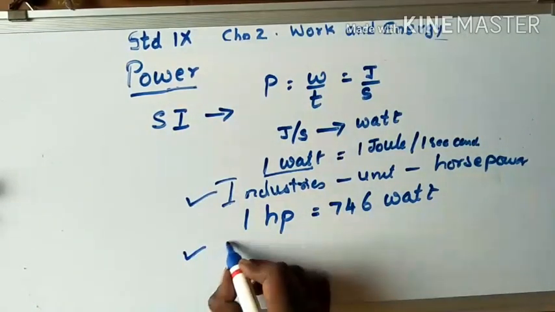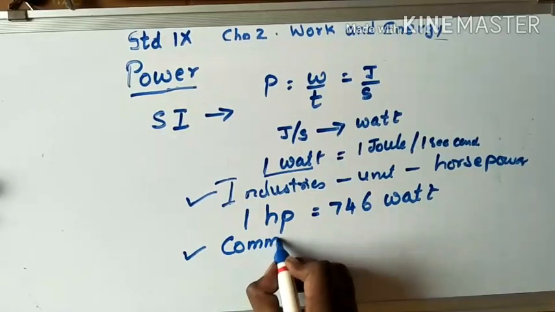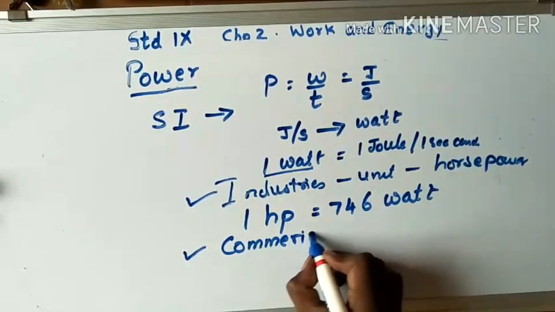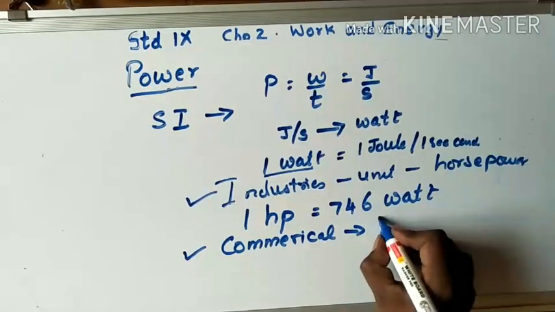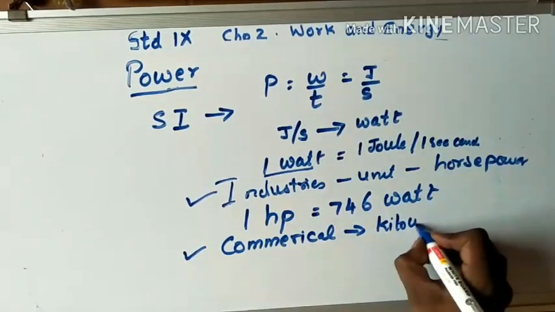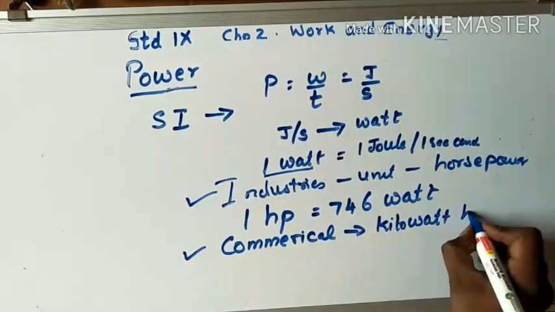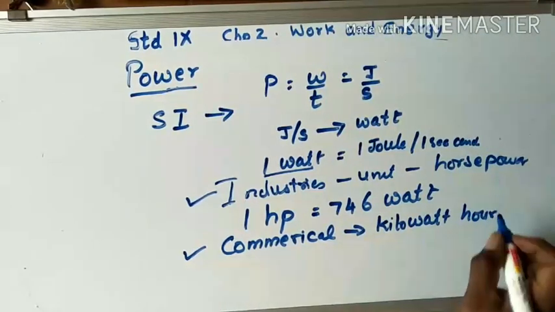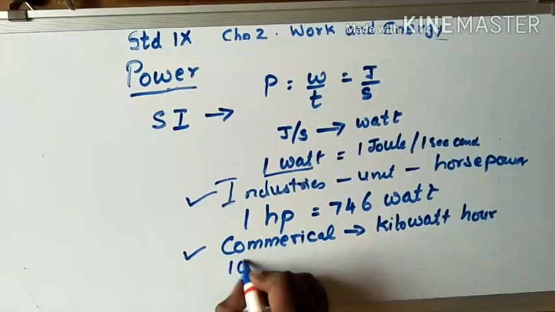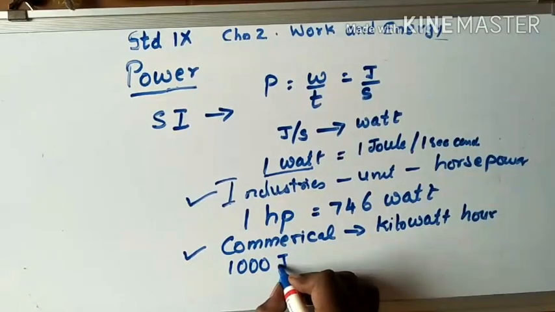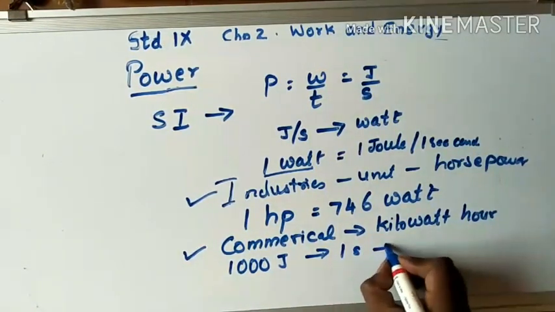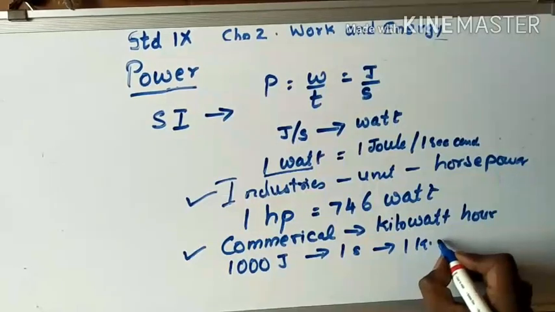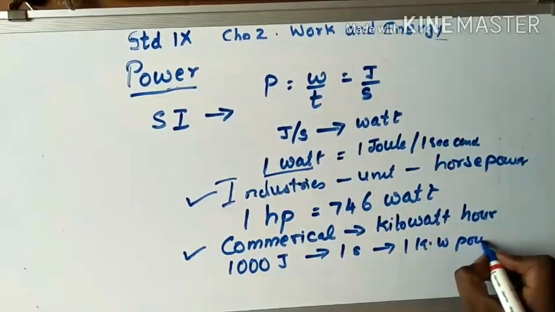Now for commercial places, meaning shops, schools, offices, we use kilowatt hour. Here 1000 joule work performed in 1 second is 1 kilowatt power.